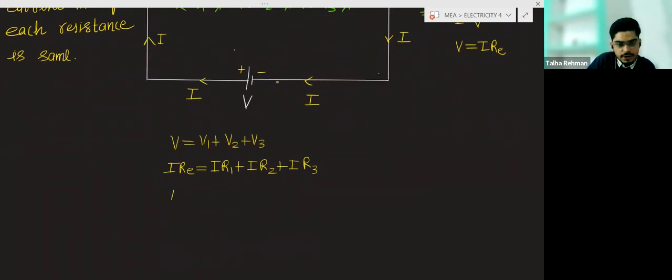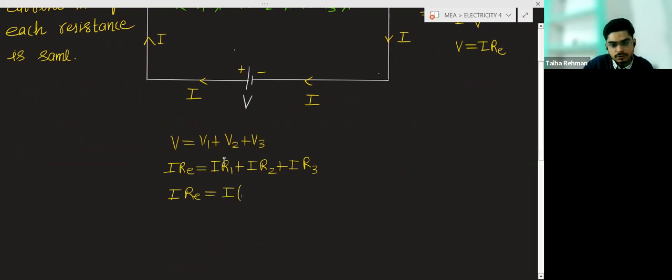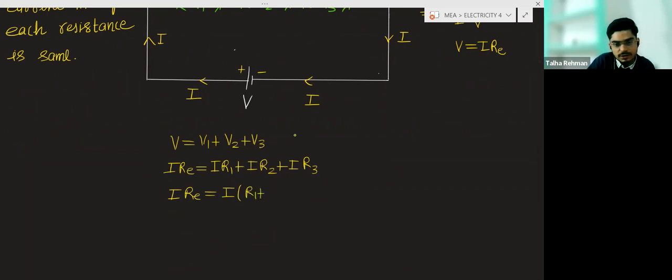So now I into Re is equal to I, take I common, you will get R1 plus R2 plus R3. Now this I and I will be cancelled out. So the equivalent resistance formula is R1 plus R2 plus R3.